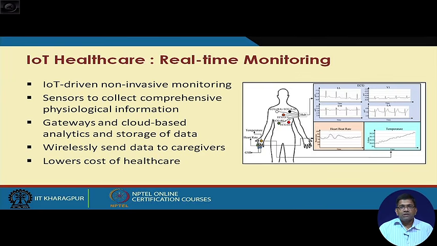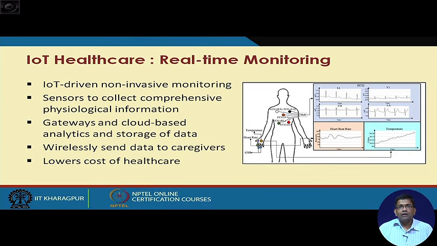Real time monitoring is possible as a result of the use of different biomedical, physiological sensors. Earlier, if you needed to know your blood pressure, you would have to go to the hospital and get it measured, or even if you have a blood pressure measurement device at home, typically you do not measure it all the time, right.